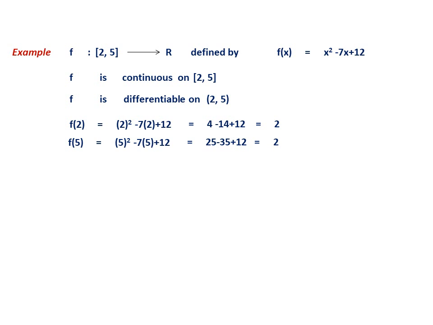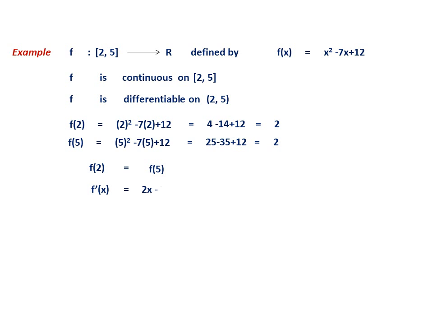Therefore now three conditions of Rolle's theorem are satisfied. First one, it is continuous in the closed interval. Second one, it is differentiable in the open interval. Third one, f of 2 and f of 5, the values of the function at the end points, both are equal because both are 2. Therefore f of 2 equal to f of 5. So all three conditions of Rolle's theorem are satisfied.